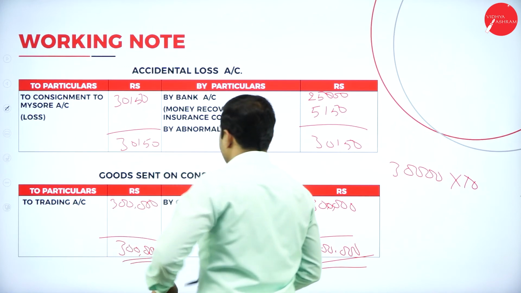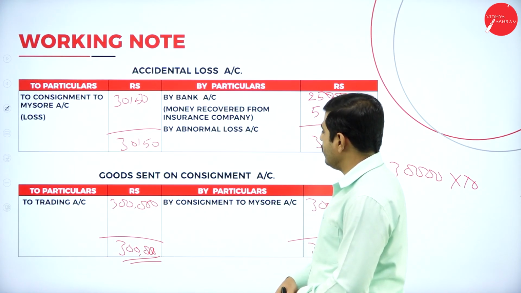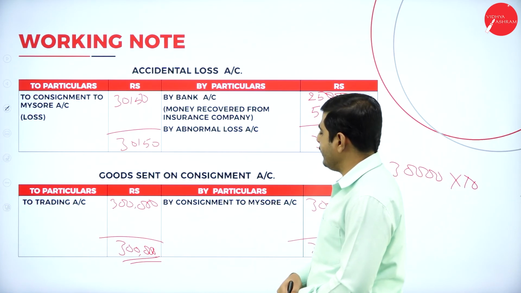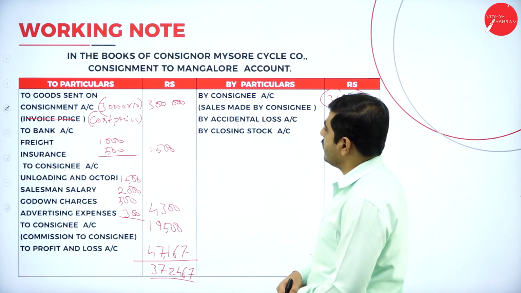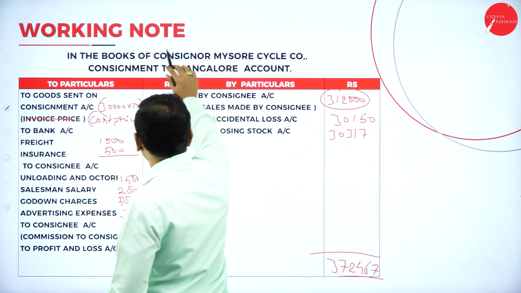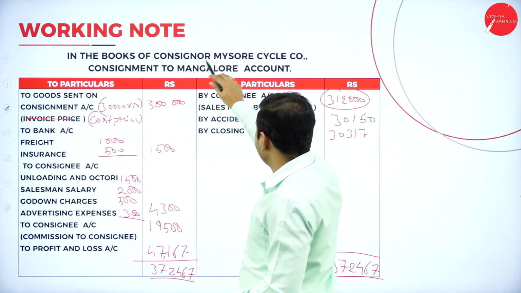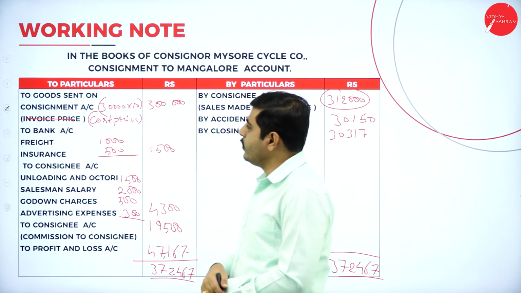Like this, we should do the goods sent. For example, in goods sent on consignment account, what is the consignment to Mysuru? Consignment to place account. What is the journal entry? Consignment to place account debit to goods sent on consignment.